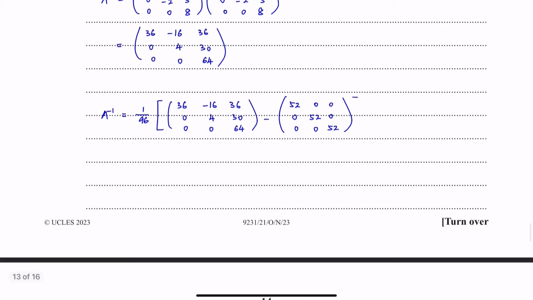So now we just have to work it out ourselves. So 1 over 96 times. Basically we just take this minus this to get the first number, this minus this to get the second number, this minus this to get the third number, to get the whole matrix. So we get -16, -16, 36, 0, -48, 30, 0, 0, 12.